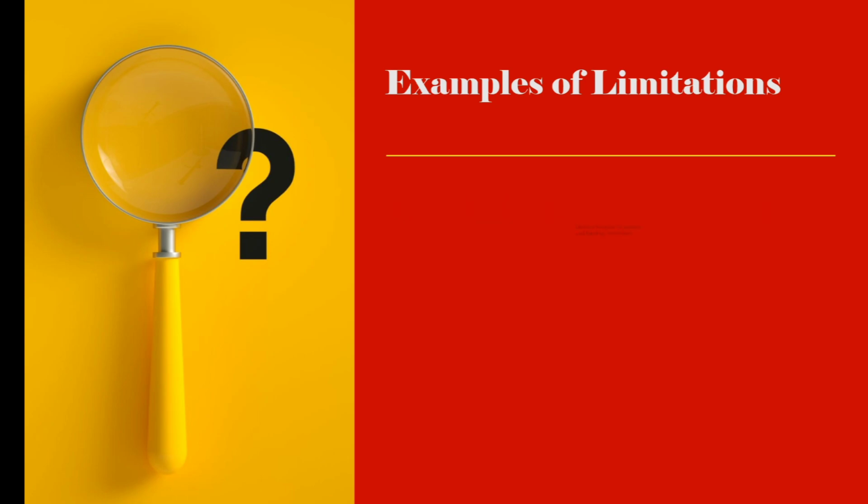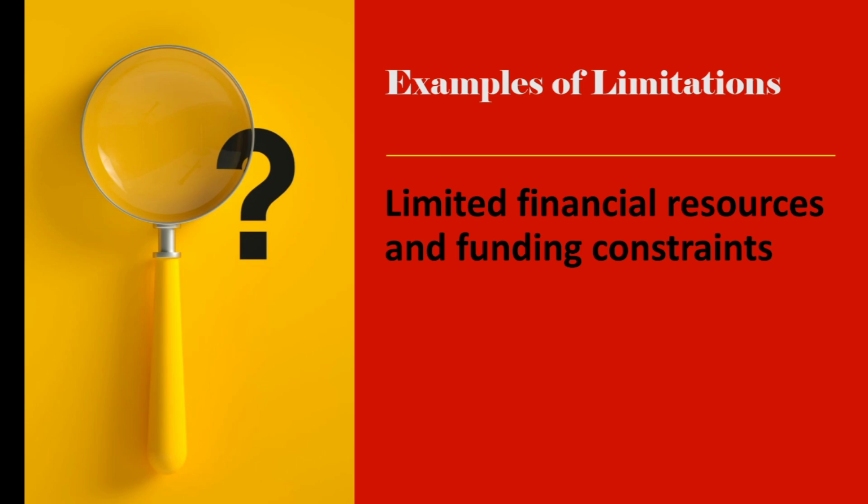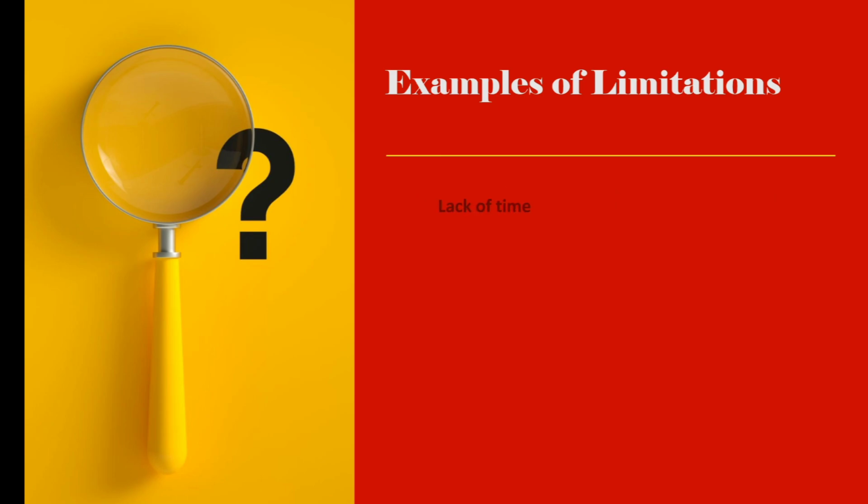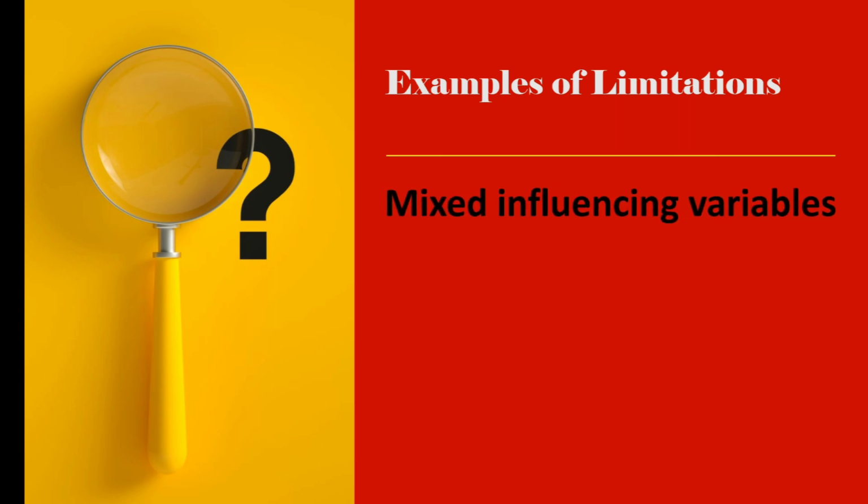Another example, limited financial resources or funding constraints. Another example, lack of time, or another example, mixed influencing variables. So these are the examples of the limitations of the study.